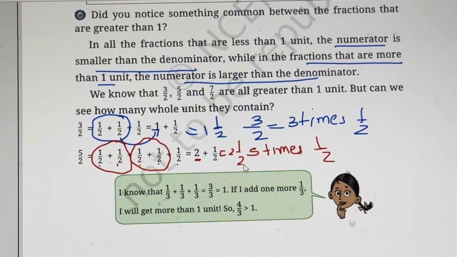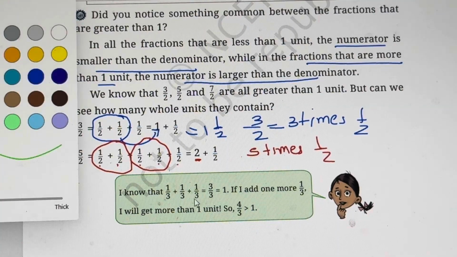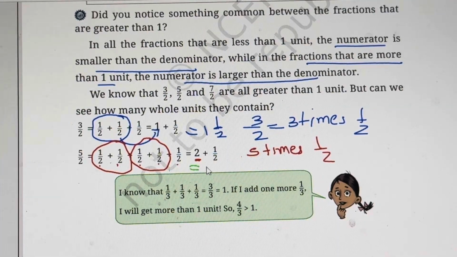So if I tell you to take 2.5 of the pizza, you will understand, rather than me saying 5 upon 2 or 5 times half. 5 times half is still easy to understand, but 5 upon 2, practically it would be difficult for anyone to understand. Right? So 2 plus half can be written as 2 and half.